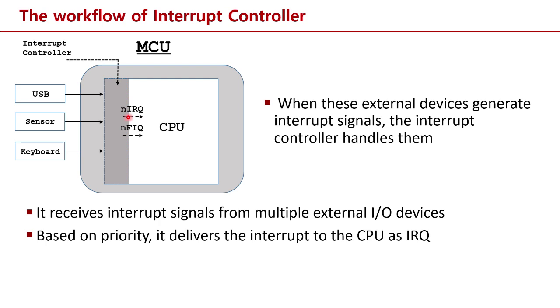Another type of interrupt request is FIQ. In general, FIQ is considered a fast interrupt request that has higher priority than IRQ.